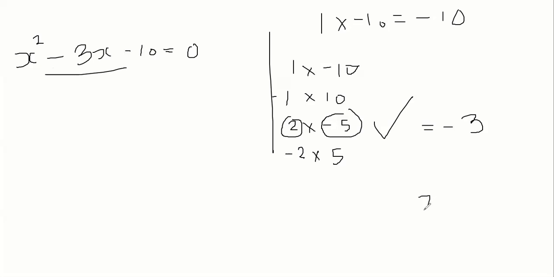Yes, sir. 2 plus minus 5, adding both gives minus 3, right? Everybody? That is why we'll take this as the correct splitting. So we are going to use 2 and minus 5.